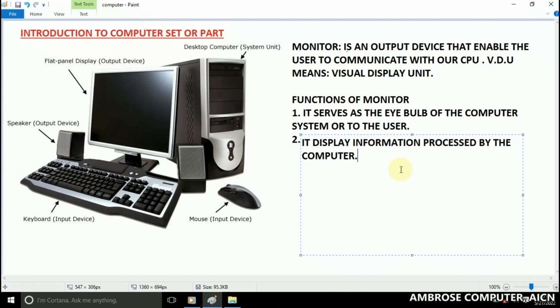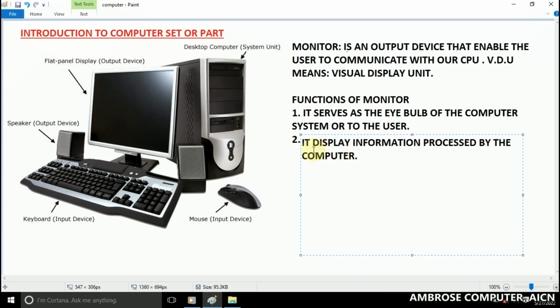Another major function of this monitor, like what I'm doing now, I'm using my screen to type. Assuming I don't have a monitor, I will not be able to see the information that the computer is processing.